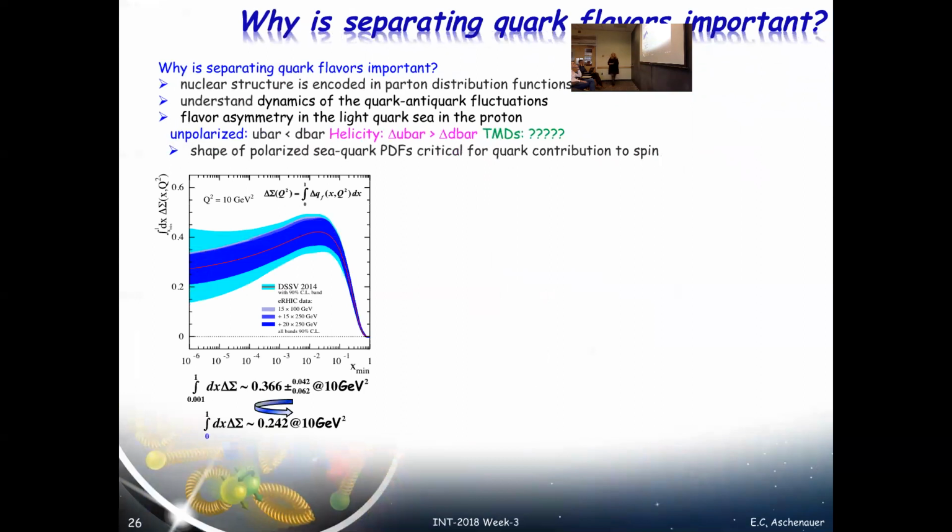But also, if you look right now, and that is a running integral over the quarks, depending on what your x min is, for DSSV 2014, so with the data which were included at that moment, which is basically world data apart from some of the latest RHIC data, but the RHIC data is not so relevant for the quarks, you see that in the measured region where you have data, the contribution of the quarks is 0.36 and then 1/2. And if you go down to 0, because it never saturates, the contribution of the quarks, you always get a smaller and smaller value.